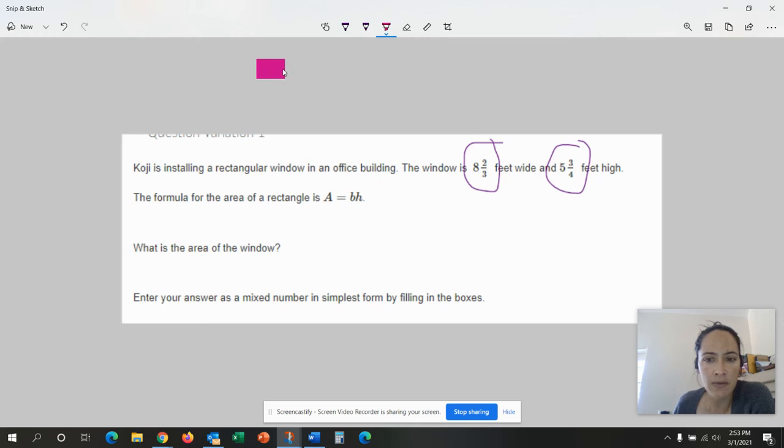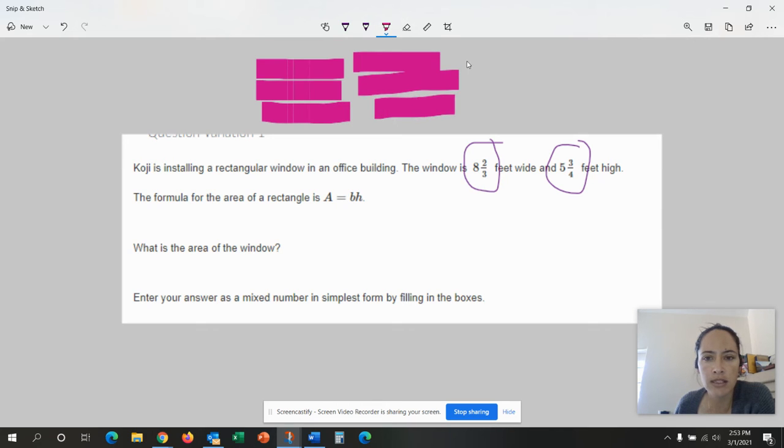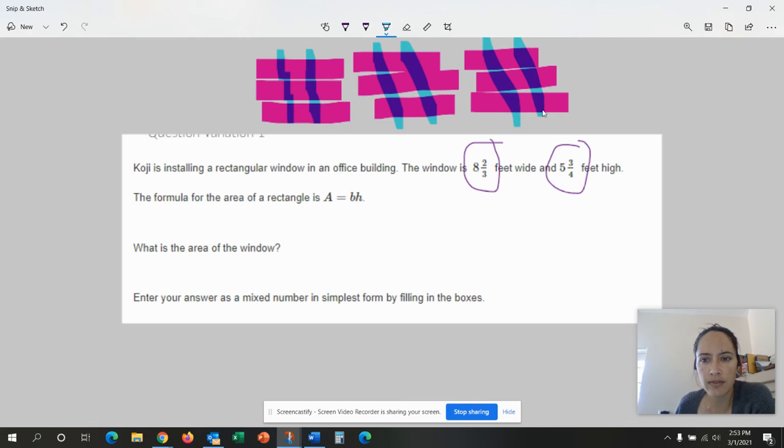That makes sense because if I have 8, 1, 2, 3, 4, 5, 6, 7, 8, 9, but I only have 2/3 of those. I'm cutting them all into thirds. And then we want to make sure we only have these 2/3 right here.